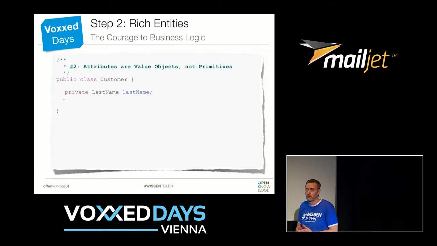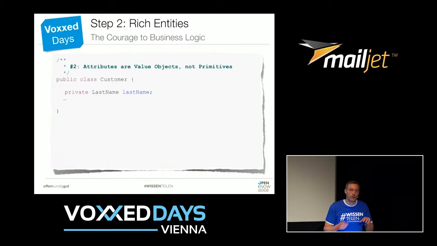If a last name is something different than a normal string. A normal string can start with a number or something like this. And name normally, last name, we normally use name instead of last name and first name in our projects. Name normally has a pattern, has a minimal length, and starts with a letter, for example.